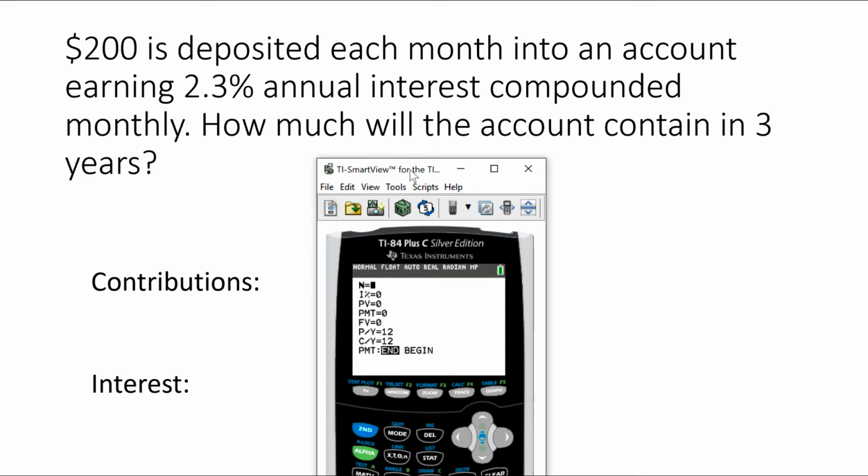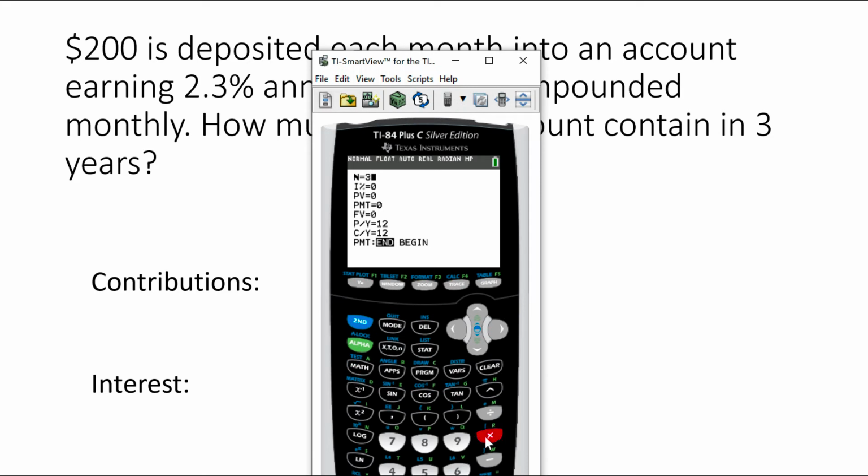N is going to be the number of times interest is compounded, which is also going to be the same as the number of payments. So $200 is deposited each month for 3 years. Each month for 3 years, that's 3 times 12 for the number of compoundings or payments.